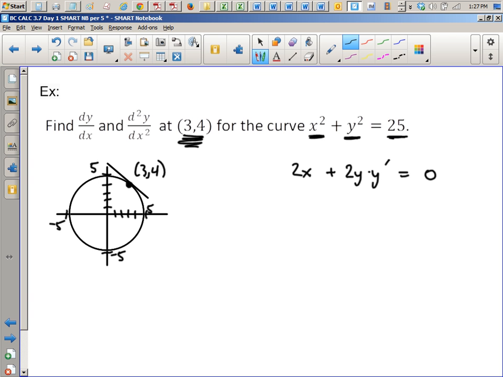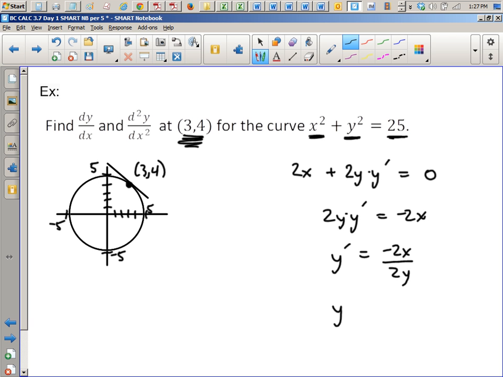I think we should move the 2x to the right side, and divide by 2y. It's like y prime is a variable and we're trying to isolate it. That's what's going on.